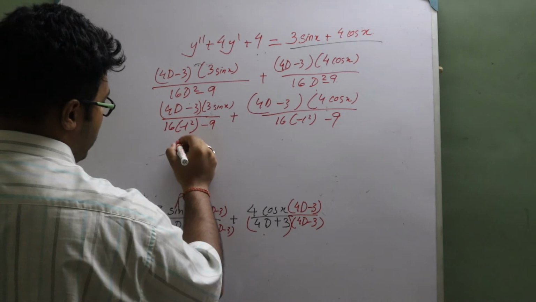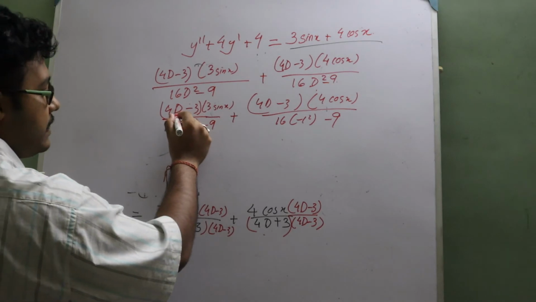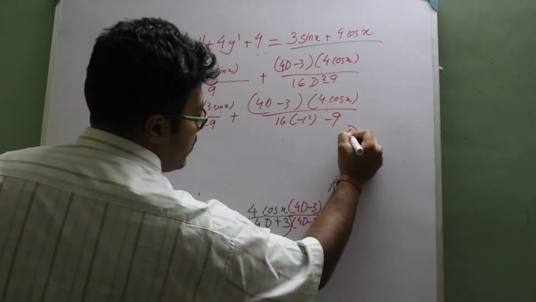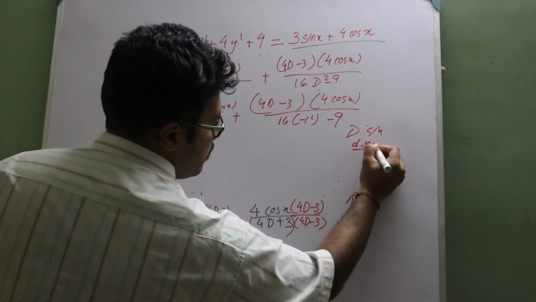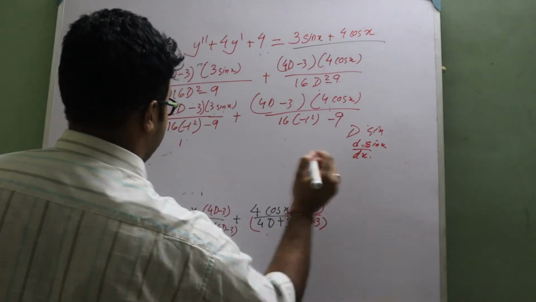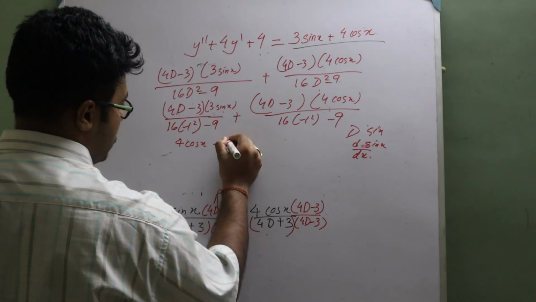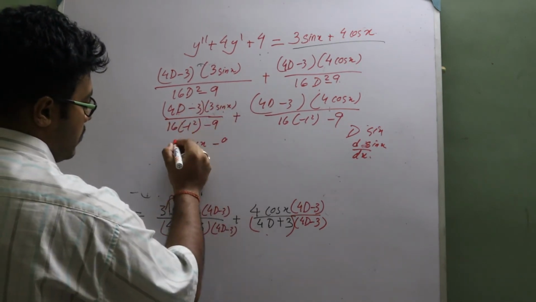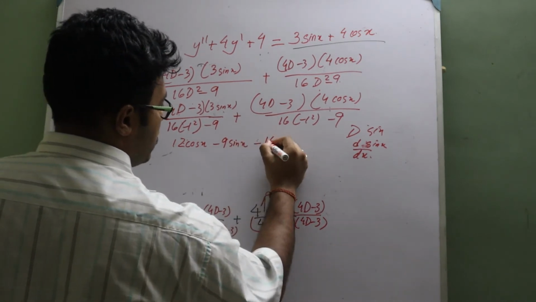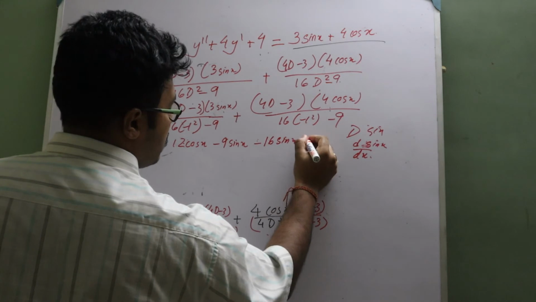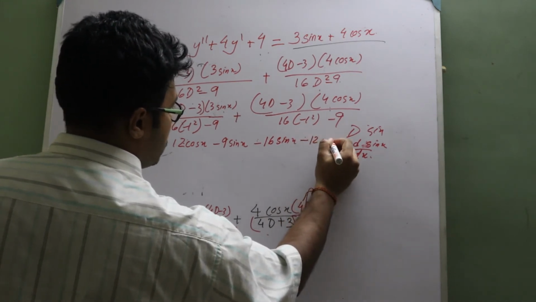So as a whole we can see it. Now here D means differentiation. We will be differentiating it, that is, D of sin x will be d/dx of sin x. So we will be saying 12 cos x minus 9 sin x plus 16 sin x and cos x.